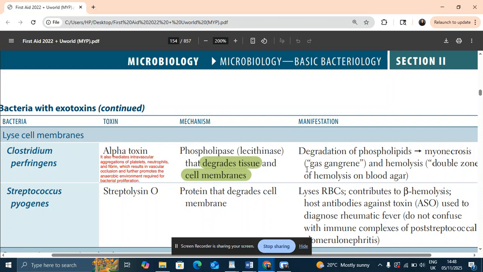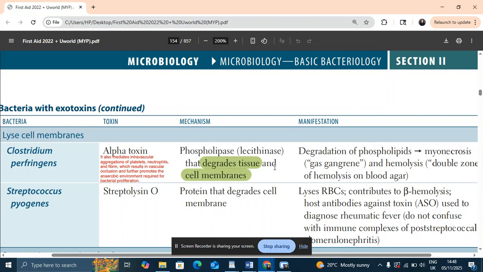Usually it causes gas gangrene. Always remember myonecrosis and gas gangrene, and usually it happens after trauma, war injuries or surgeries. The presentation is usually after trauma or surgery, there is severe pain in the muscle with muscle death, and Clostridium perfringens produces gas due to fermentation, and there would be crepitus under the skin, air under the skin.